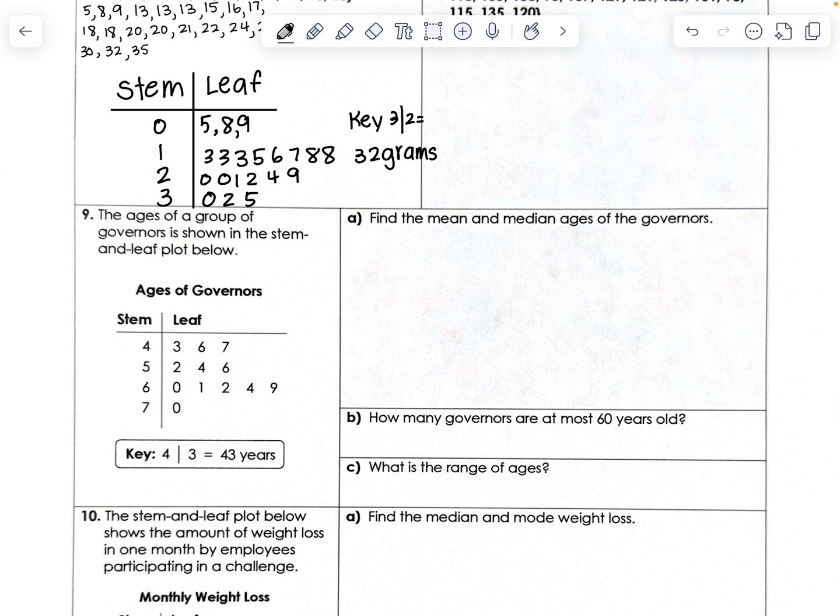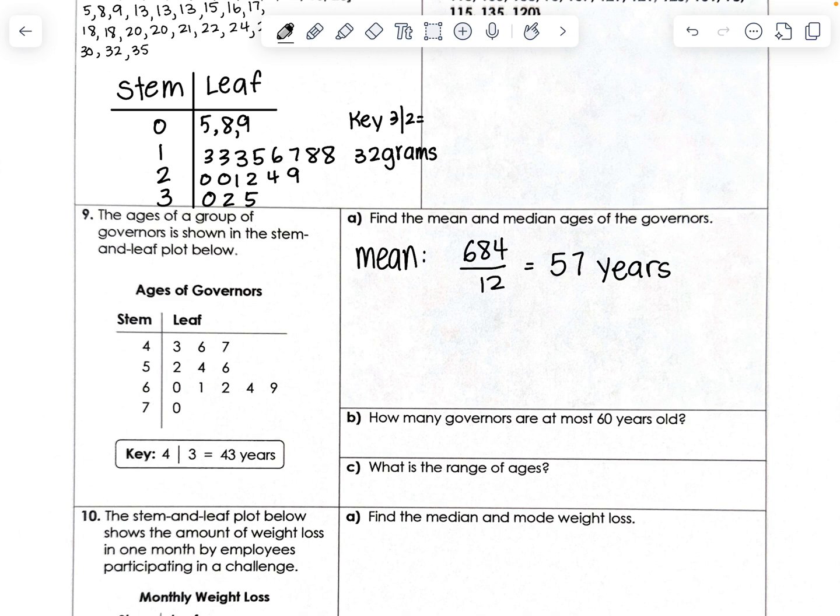All right. So we can put them all in order, or we can just add them all up. So the mean is 684 divided by 12. So the average, or the mean age, is 57 years.